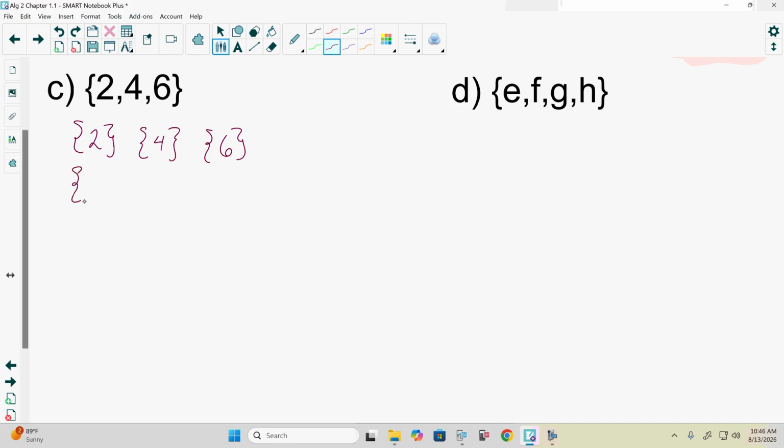But we could also have groups of 2. So we could have 2, 4, or 2, 6, or 4, 6. And 2, 4, 6.